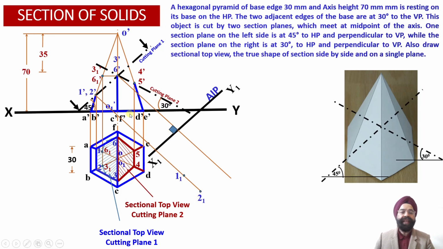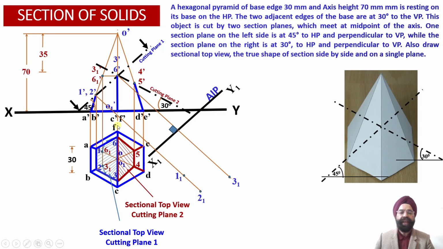Similarly, we measure the distance of the point 3 from the XY reference line. Onto the projector line corresponding to the point 3 dash, ahead of the plane, we mark the same distance, and we obtain the point 3 1 on the auxiliary plan projection view.